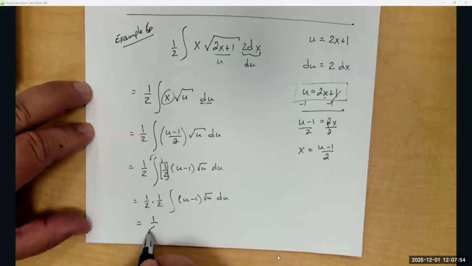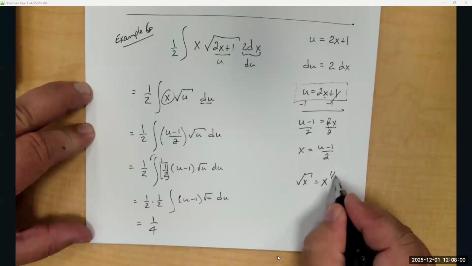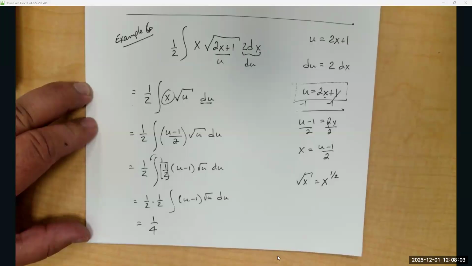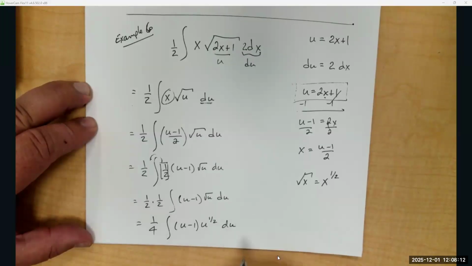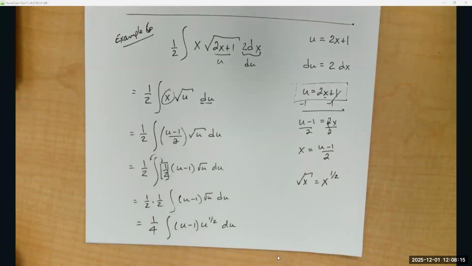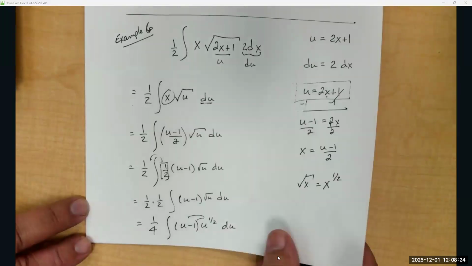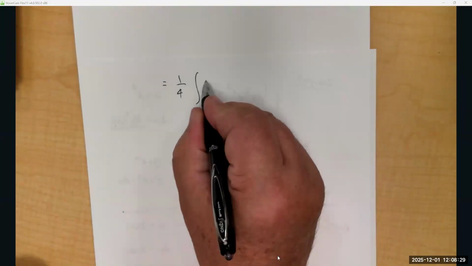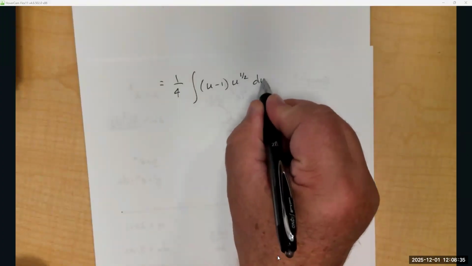1/2 times 1/2 is 1/4. Square root of u is the same thing as u to the 1/2 power. So u minus 1 times u to the 1/2 power du. Distribute. Which gives us 1/4 the integral of (u minus 1) u to the 1/2 power du.